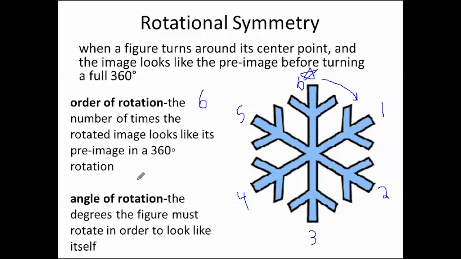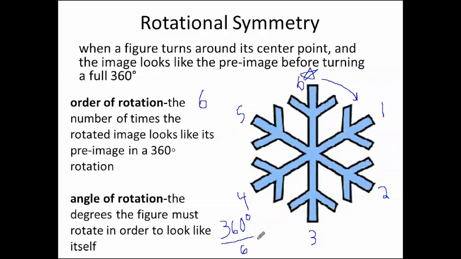To find that angle of rotation, which is the degrees that we must rotate this around the center in order for it to look like itself, we're going to take 360 degrees, so the total number of degrees to where it was back exactly where it started, with that top one being back on top, and we're just going to divide it by the order of rotation.